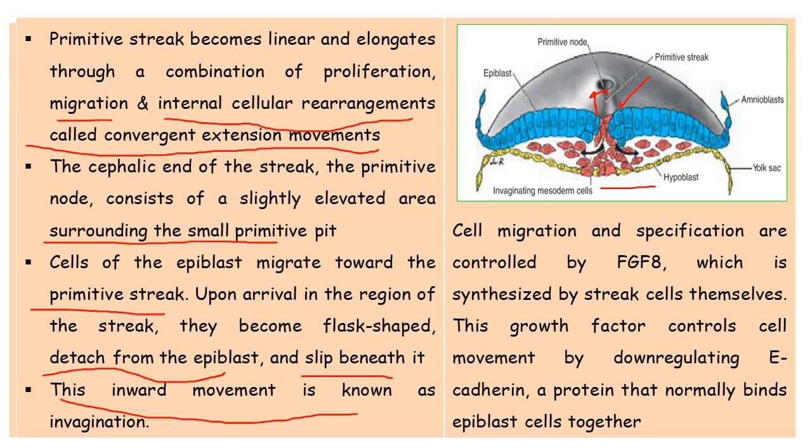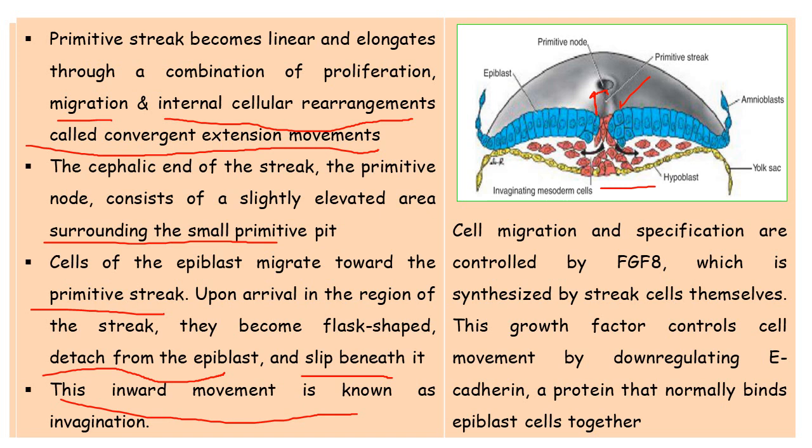Primitive streak is visible here, formed in the form of a line-like structure. This blue colored layer is of the epiblast, and these red colored cells are what? These are the detaching cells from the epiblast, which are going to form the embryonic endoderm as well as the embryonic mesoderm.